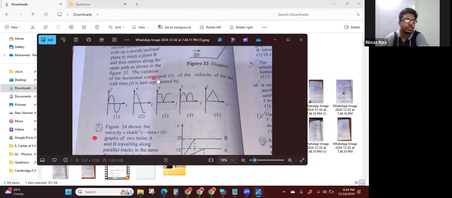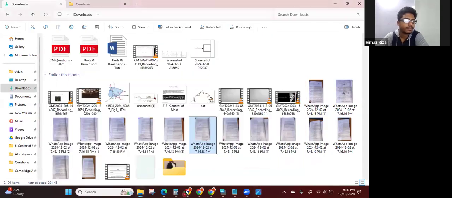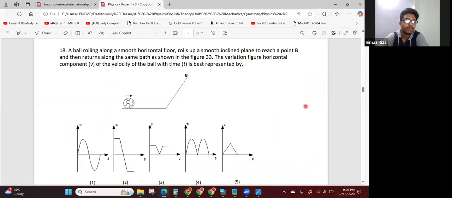The variation of the horizontal component of the velocity of the ball with time is best represented by.